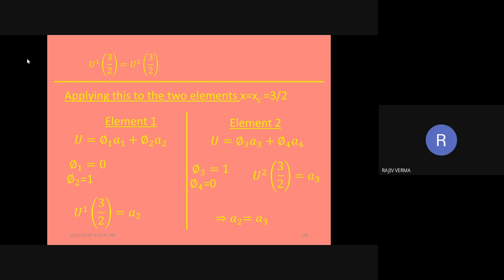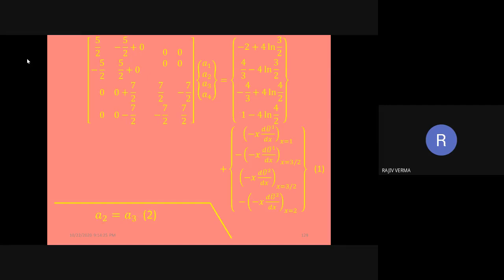And when you substitute this constraint equation in the four equations which you have derived, represented by equation number 1, the mathematical concept behind this constraint equation is that you add up column number 2 and 3.